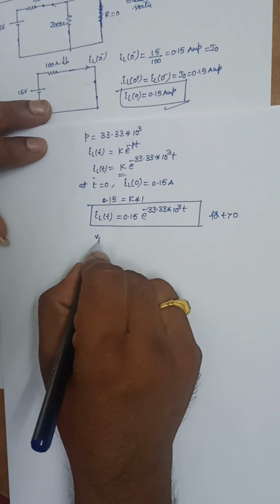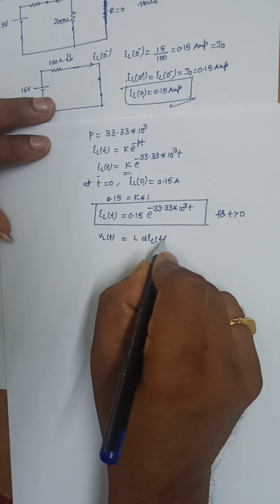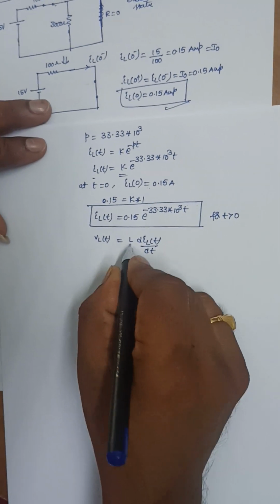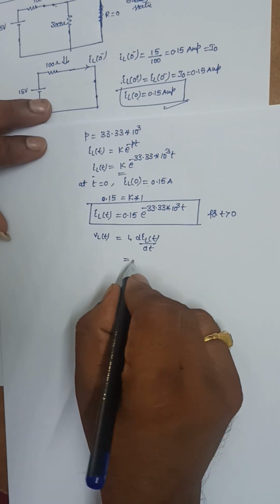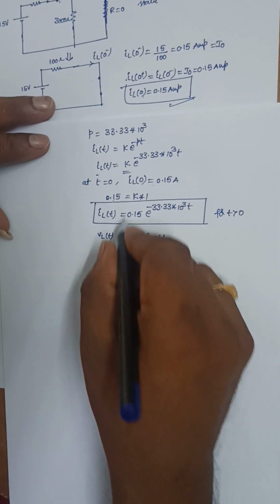Next, VL of t. As we know, the formula for VL of t is equal to L into dIL of t by dt. L value here is 90 millihenry, 90 into 10 power minus 3 into dIL of t by dt.